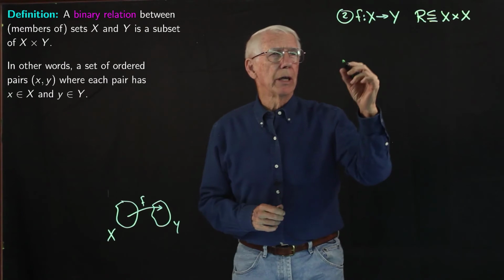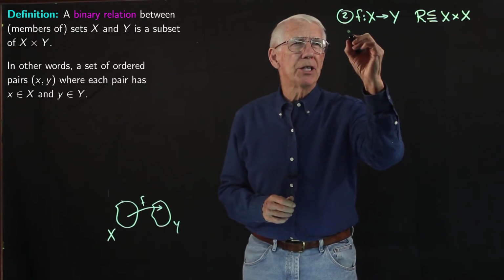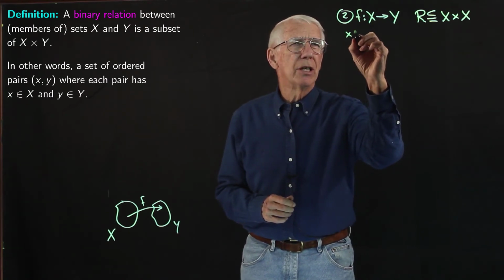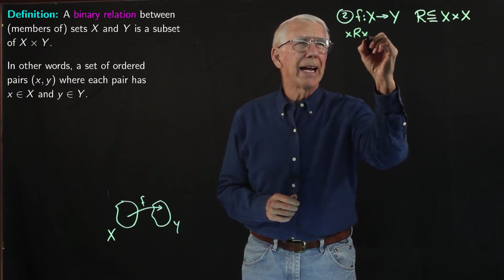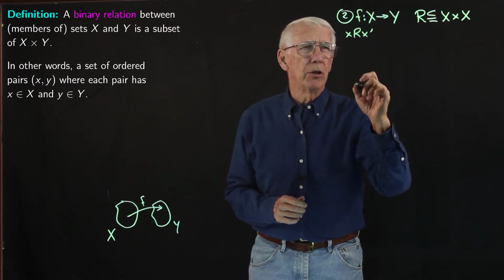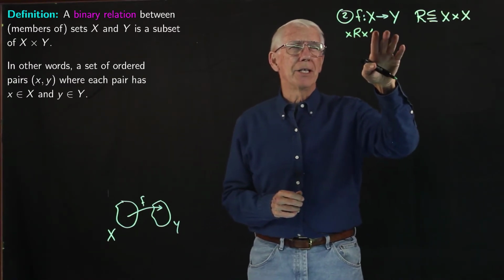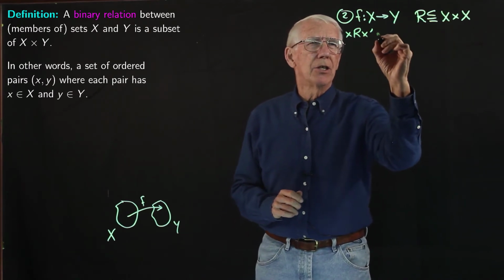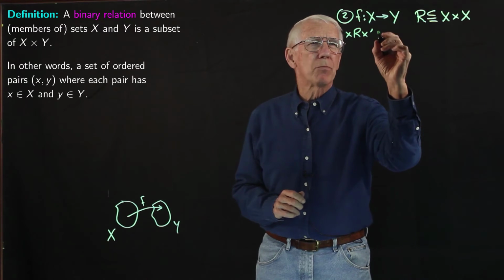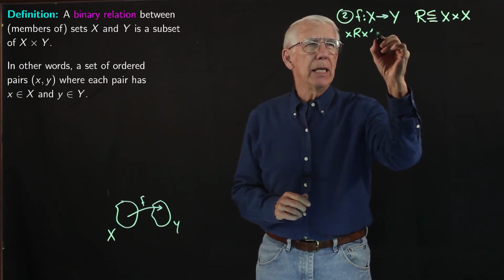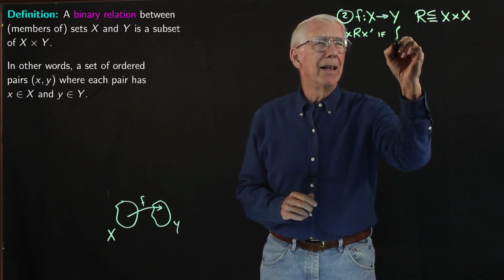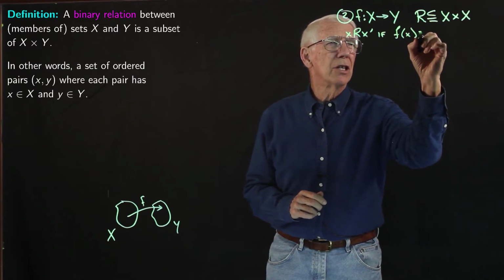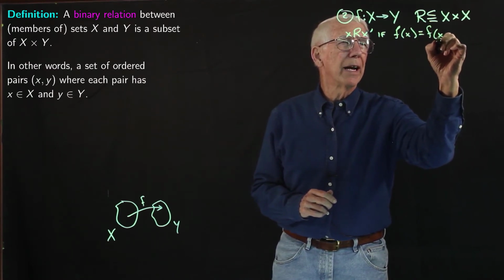So our relation here is going to be defined by saying that X R X prime, I don't want to use Y right now because I want to emphasize that both elements come from X, not from the Y set. So X R X prime means that f of X is equal to f of X prime.